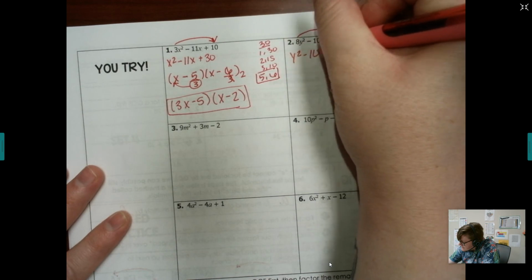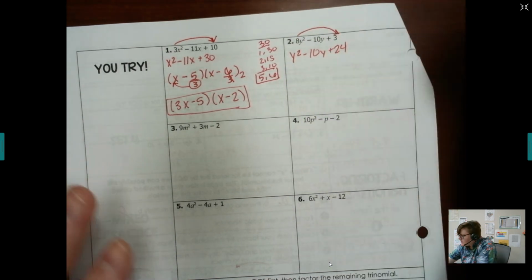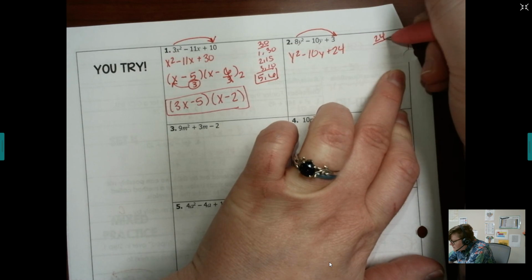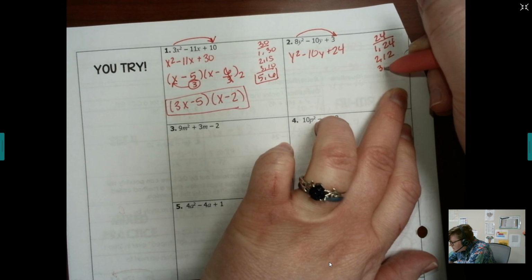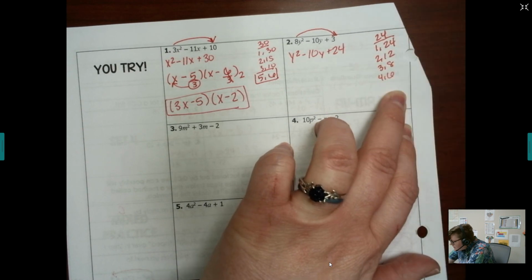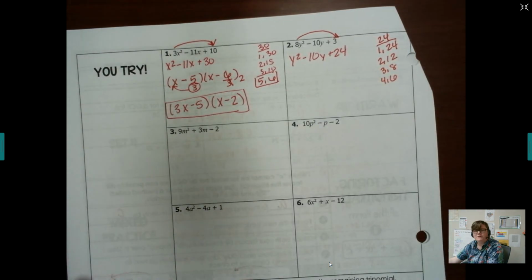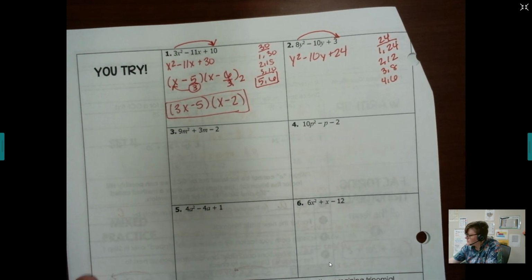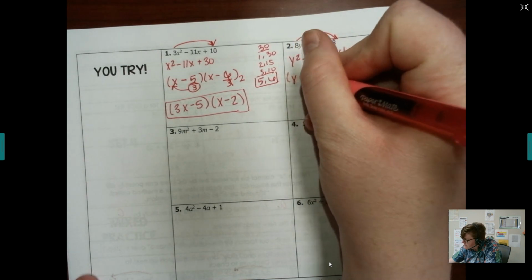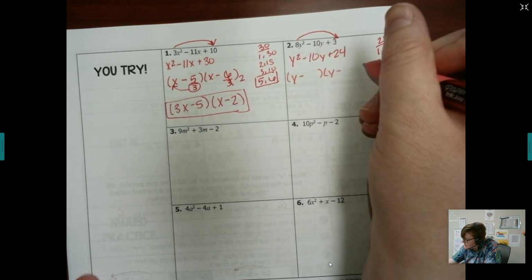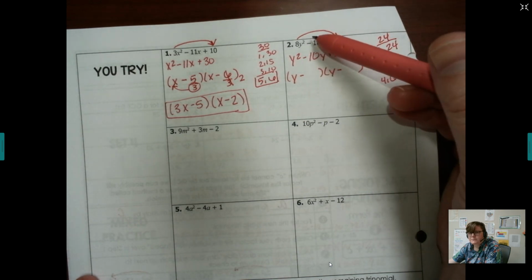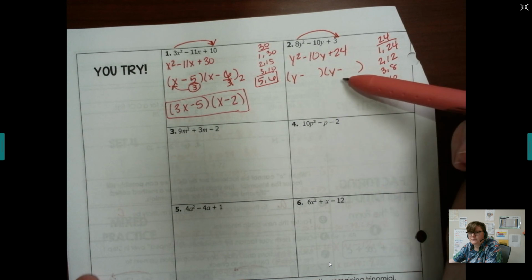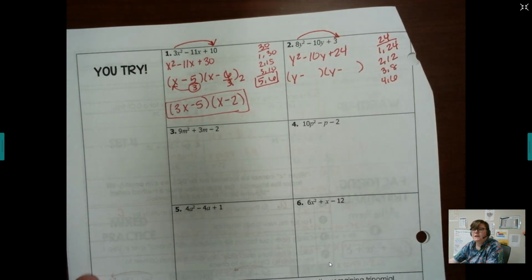y squared minus 10y plus 24. So we'll be doing 24. I think that's all of them. And we want them to, this time, again, add to our middle term, right? We'll have a y minus and a y minus, okay? Right, ending term is positive, middle term is negative. Got to be the same sign, got to be negative to make that middle negative.